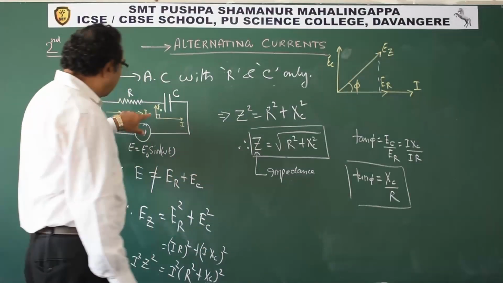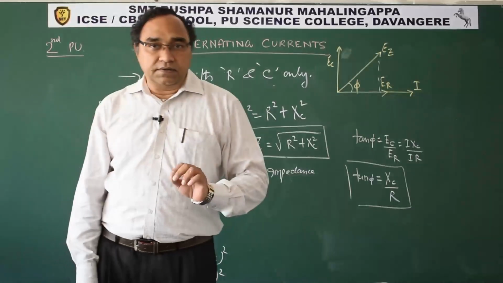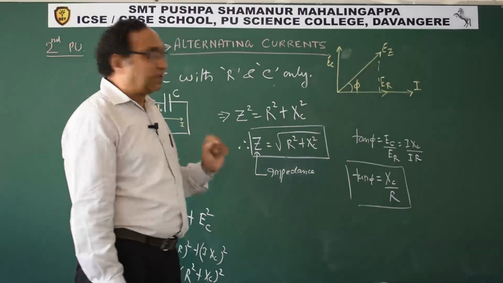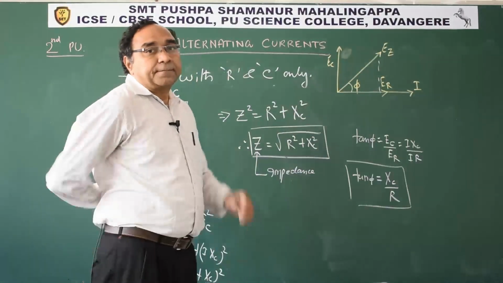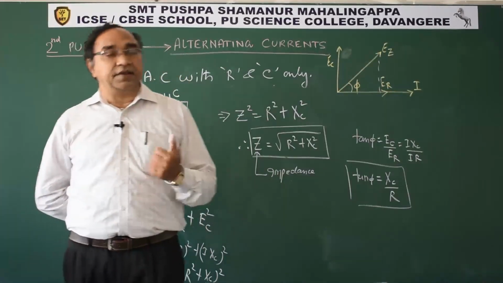Now, in a capacitive circuit we have seen that the current leads EMF by 90 degrees. In a purely capacitive circuit, it leads by 90 degrees.